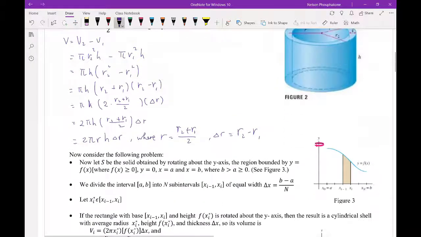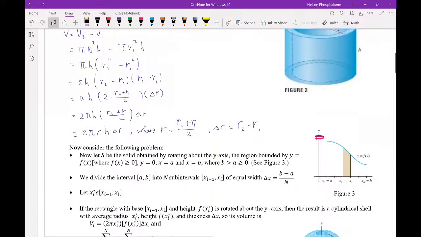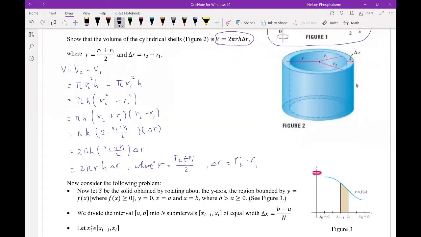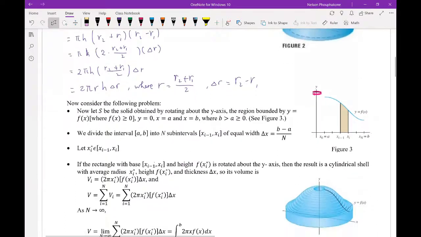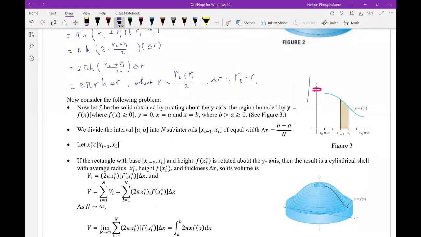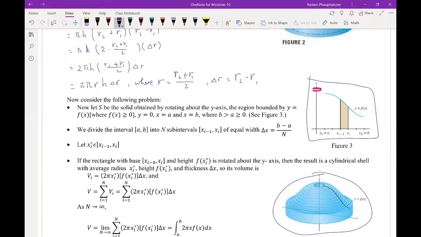And now let's see how we use this to help us find the volume. Let us look at this picture right here. I have this function y equal to f of x, and I would like to rotate it about the y-axis, and the solid will look like this.